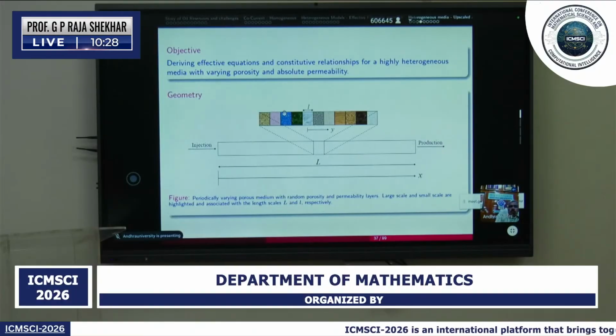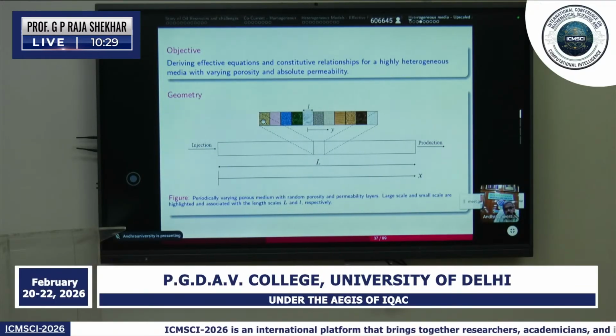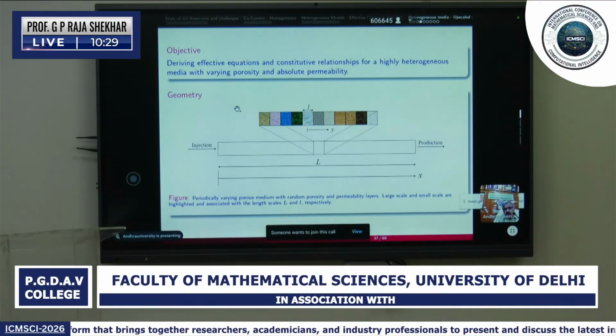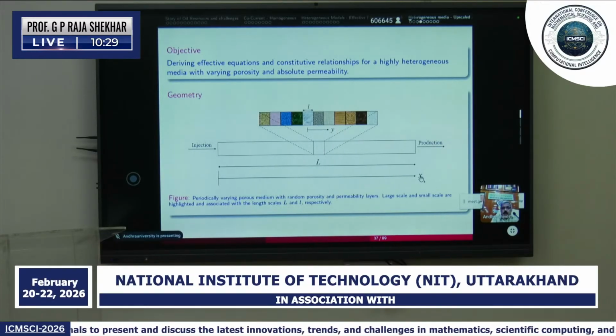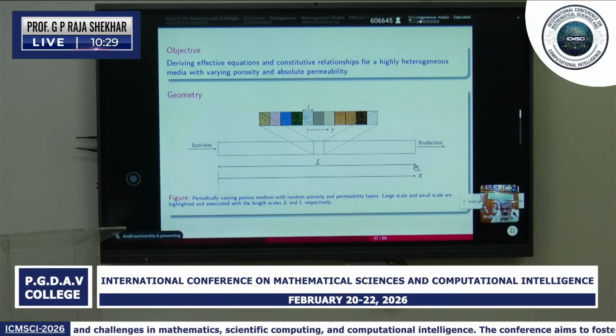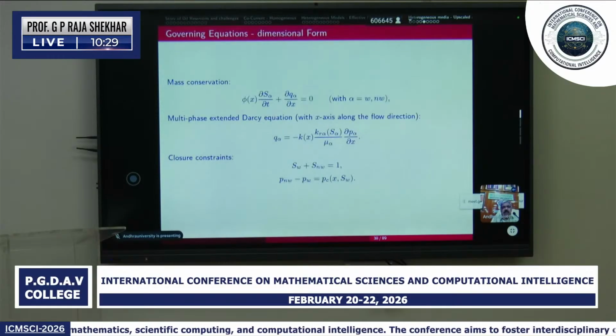Since it is heterogeneous, we repeat a large number of block types. Somebody is studying, somebody is watching YouTube, somebody is chatting on WhatsApp, somebody is writing some other notes. So a variety of oscillations are there. We want to understand these local scales, upscale to the large macro scale and see the variation.